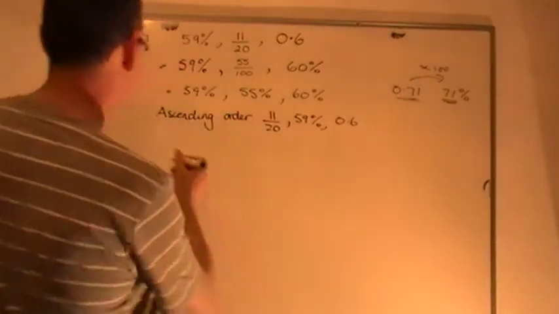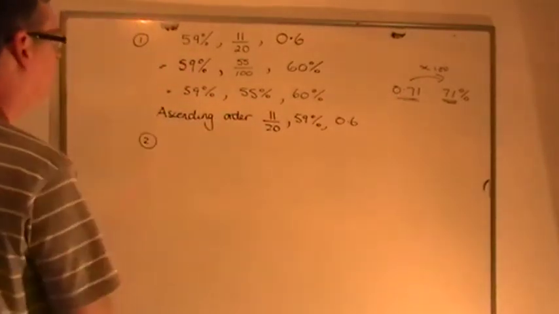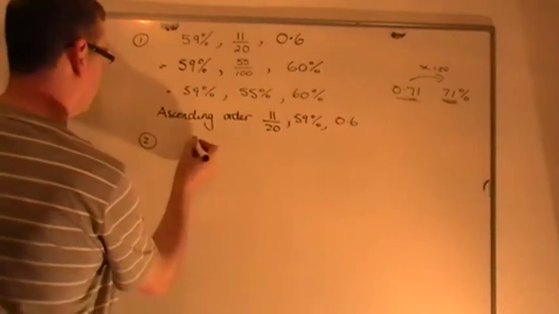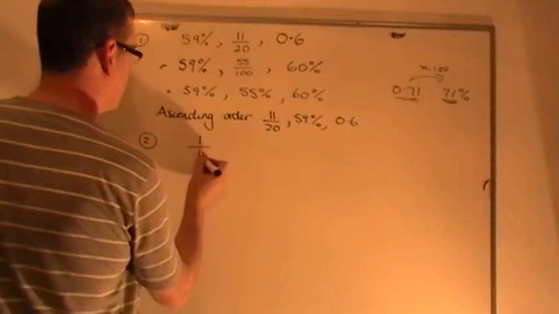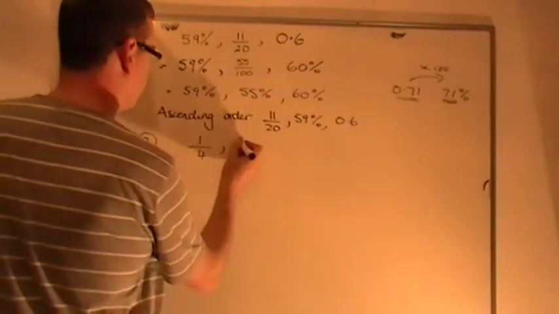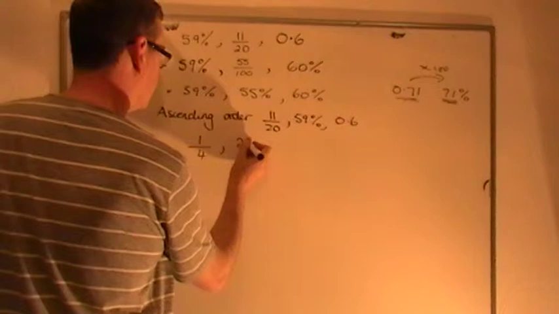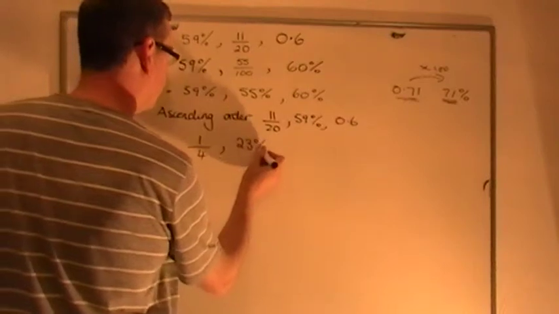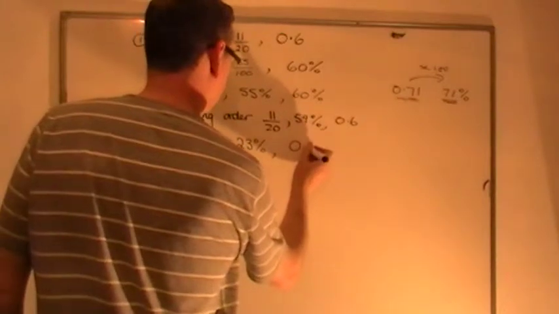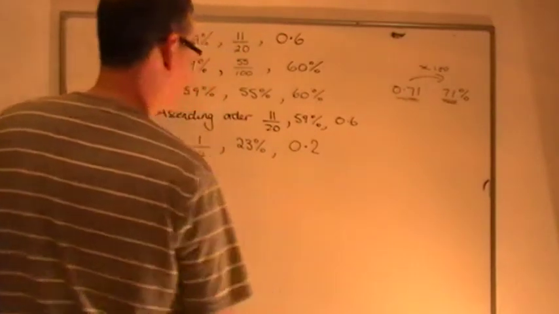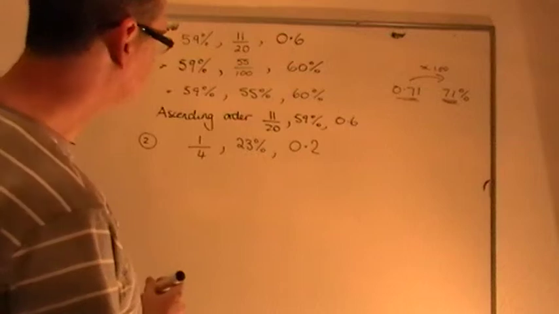So let's do one which is a bit harder. Say number 2, let's say you've got a quarter, 23%, and 0.2. Like so.